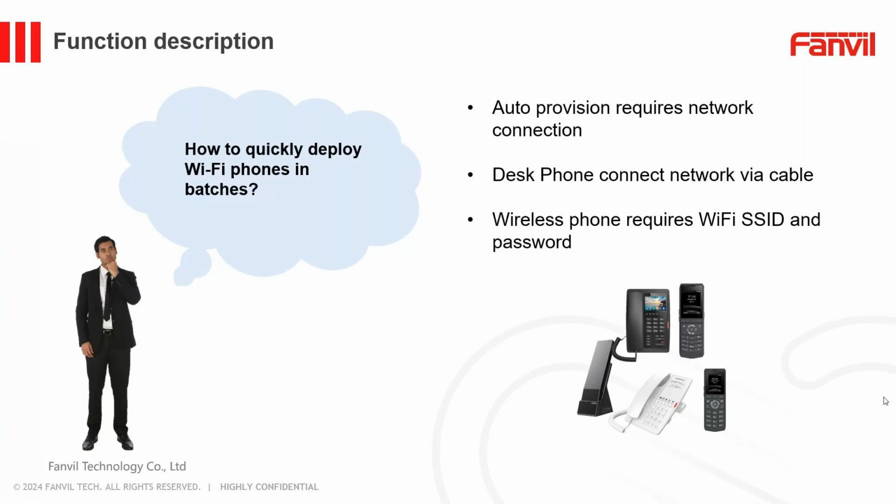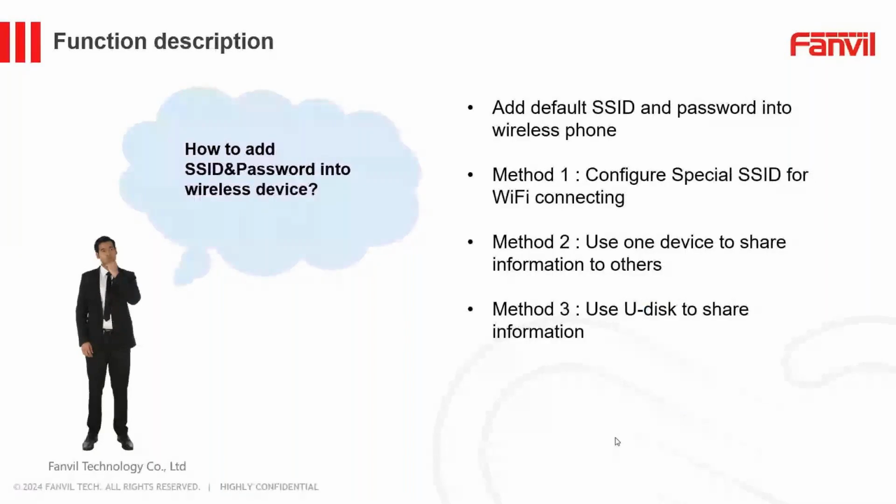So at Fanvil we have different methods and options to provision your devices and to configure Wi-Fi settings. The first thing we have is to add the SSID and password into the wireless phone. But when we have many phones and multiple devices, it's hard to manually enter the different settings for the Wi-Fi.